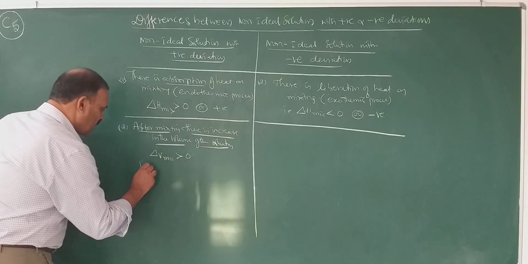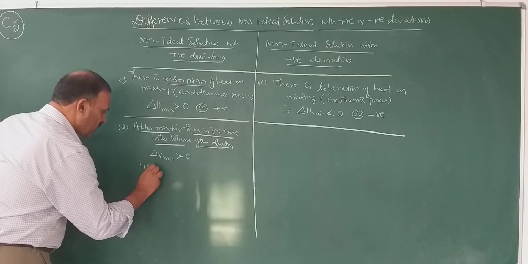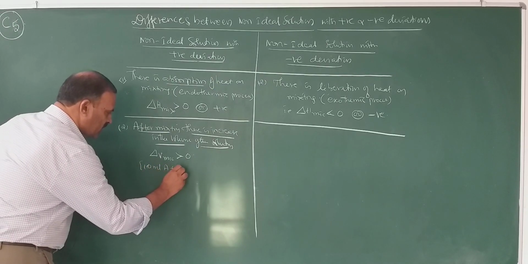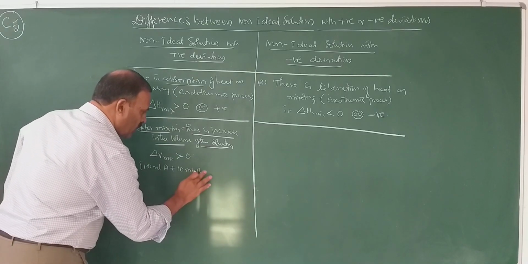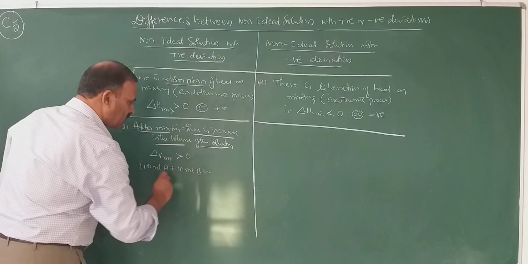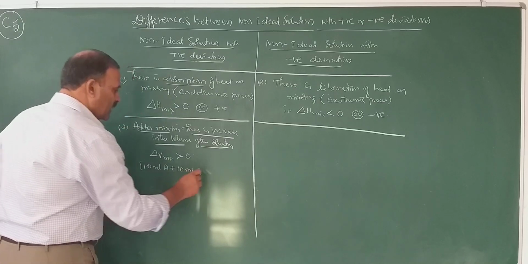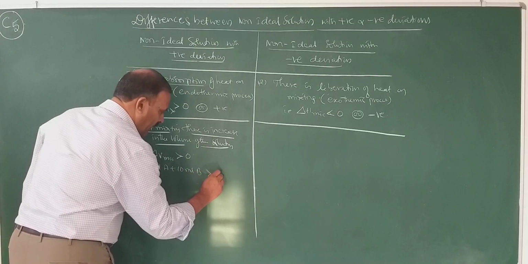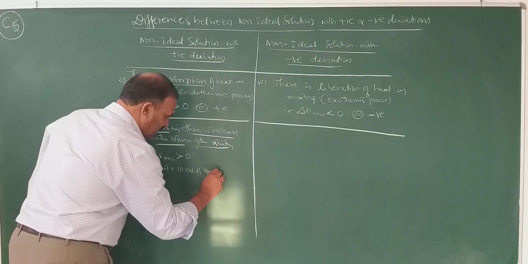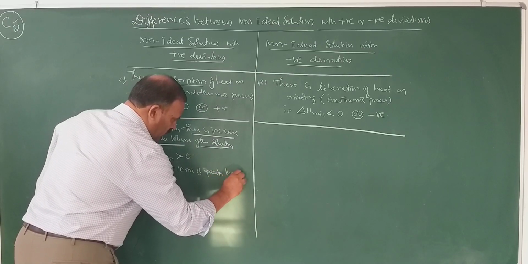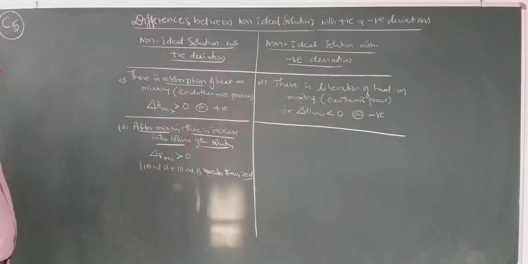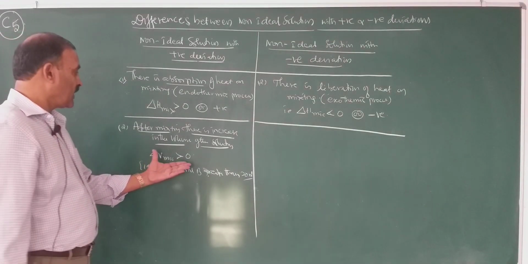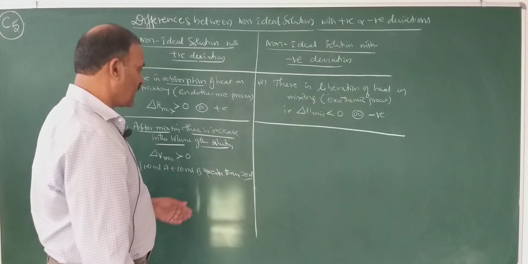That means if 10 ml of liquid A is mixed with 10 ml of liquid B, the total volume is greater than 20 ml. That means the volume of the solution increases after mixing.